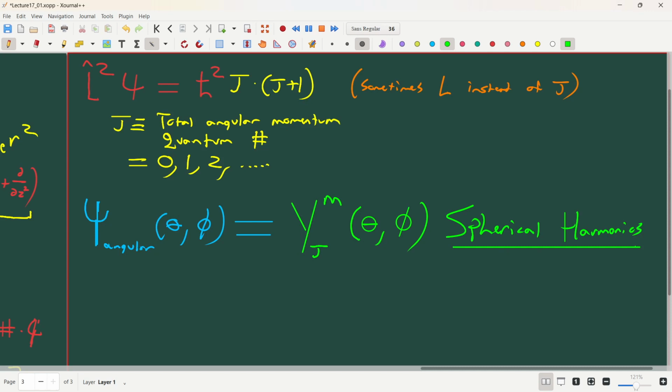They're a special class of functions that are effectively the solutions for rotation, for angular momentum, for systems that are like waves contained on a spherical surface. Remember, the hydrogen atom is spherically symmetric, so you can imagine the electron at a fixed r can be somewhere on this sphere around the proton. And the spherical harmonics tell you, as a function of these two numbers, whether the angular momentum is 0, 1, 2, 3, or whatever, and we'll talk about M in a second.